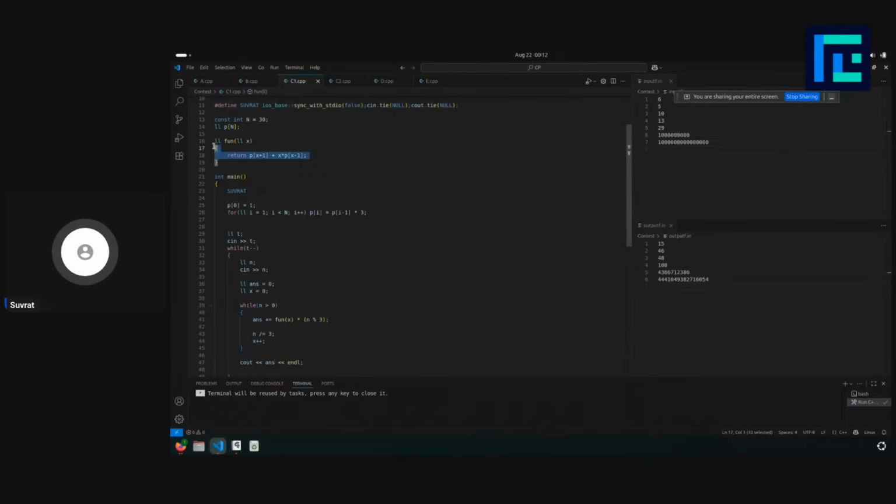And then I've defined this function x function, which takes input x and returns the cost of 3 to the power x. So 3 to the power x plus 1 plus x into 3 to the power x minus 1.